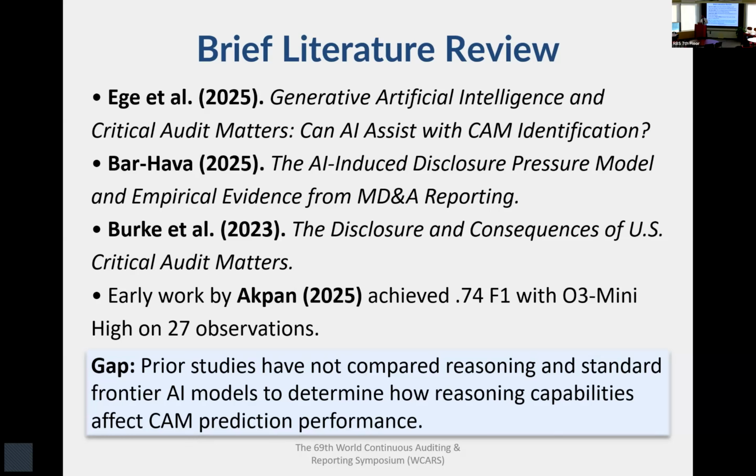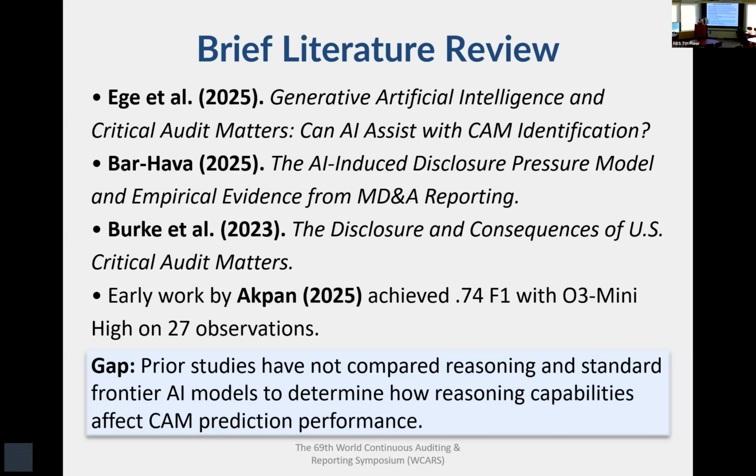Dr. Barhava introduced an AI-induced disclosure pressure model. So they looked at AI not only as an analytical tool, but as a force that shapes how managers write the MD&A. They looked at 108 MD&A reports from large US firms, and they found that they were strategically polished and toned in structure because managers expect AI systems to read and judge them.